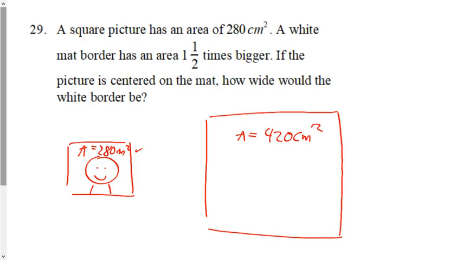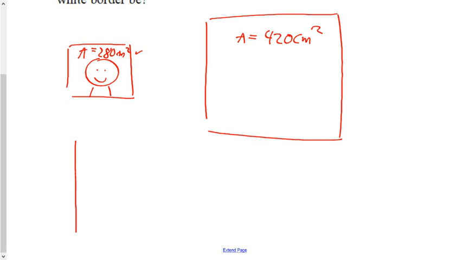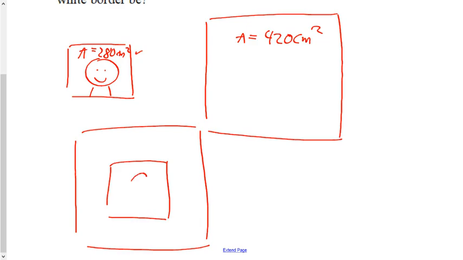Okay, so I got my picture area, I got my mat area, and I'm like, okay, I'm making something happen here. This is working. Now I got to draw one more picture. There's the mat. There's the picture, centered perfectly in the middle of the mat. I'm like, oh, what do I need? I only have area. You know what?